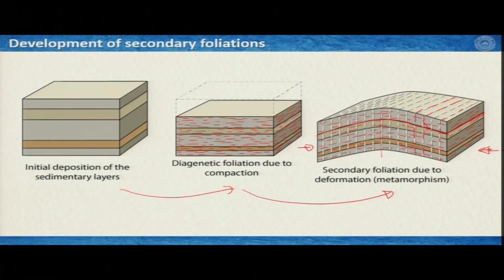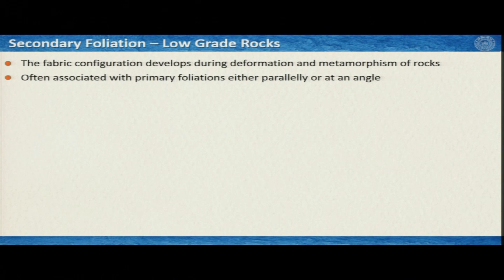Now, let us have a look at how these secondary foliations look in the field. Secondary foliations are the fabrics, as we have defined, that must develop during the deformation and metamorphism of the rock.